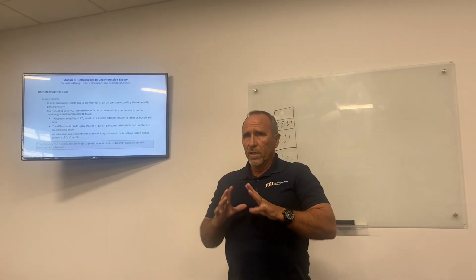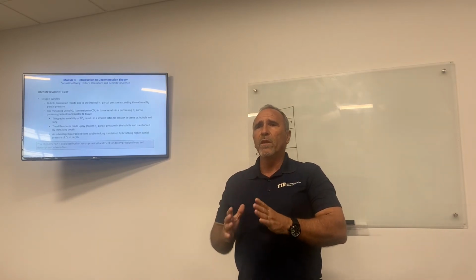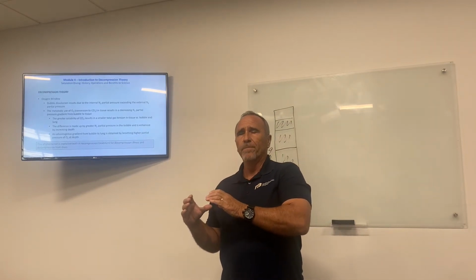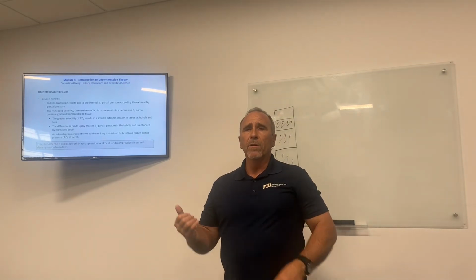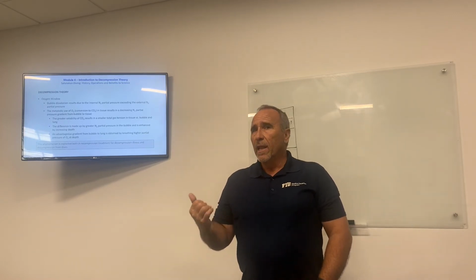But to put it in perspective with simple numbers, if I'm breathing 40 molecules of oxygen, let's say I metabolize 35, I don't produce an equal amount of CO2 molecules coming out. It's less.